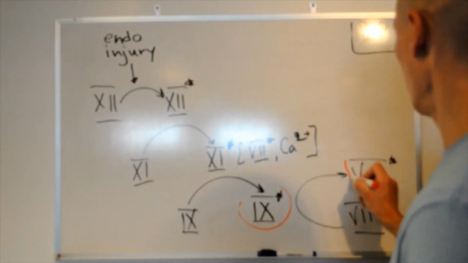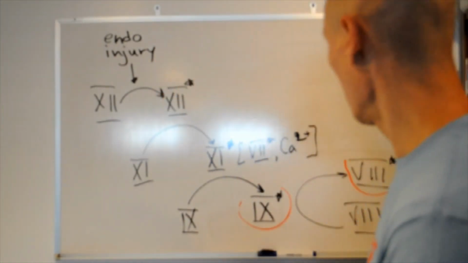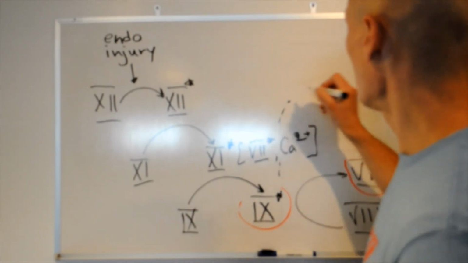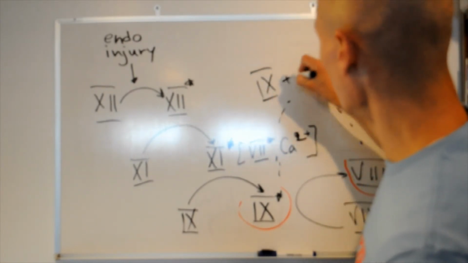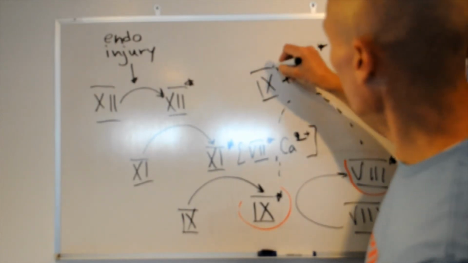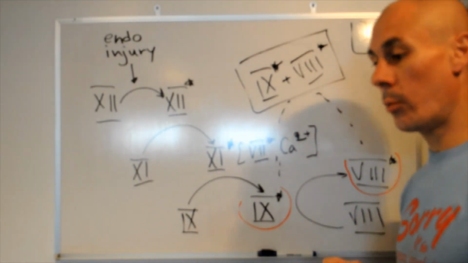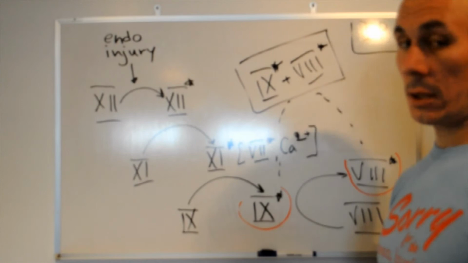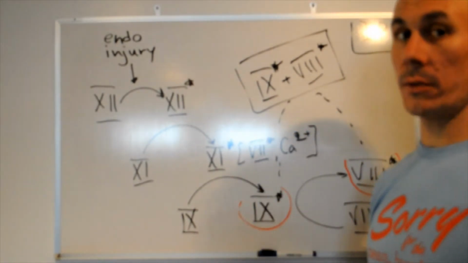Factor 9 and factor 8 together form a complex. Let's put it right here. This complex between the 9 and the 8 is essential for the initiation of the common cascade.